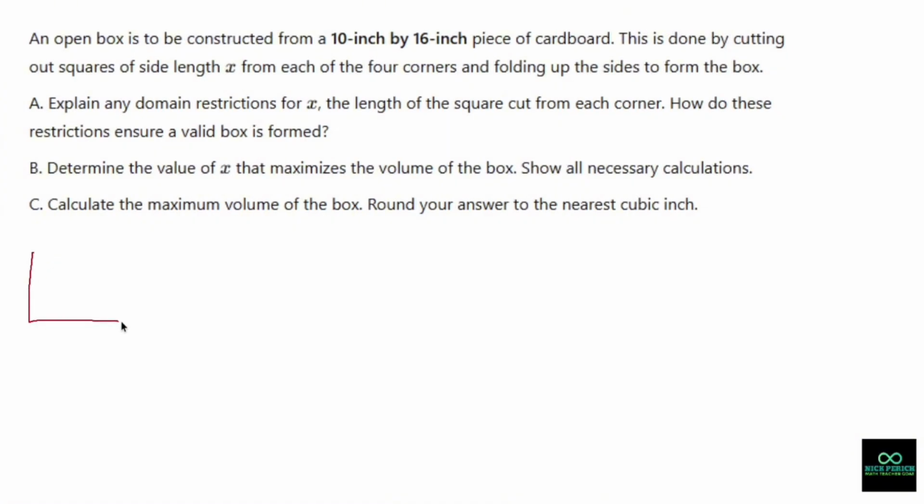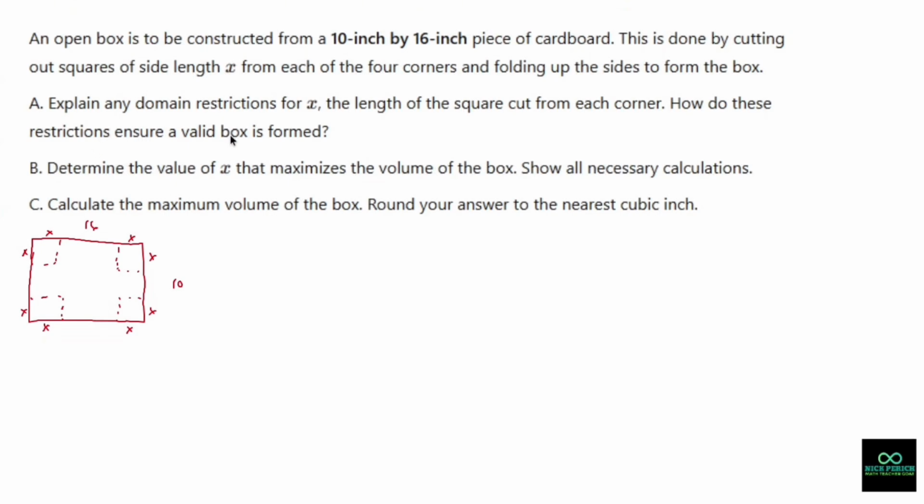So we have ourselves a rectangle, and we're going to cut out squares from each corner, and each square is x inches long. We'll call this side 16. We'll call this side 10. Now, there's my picture.